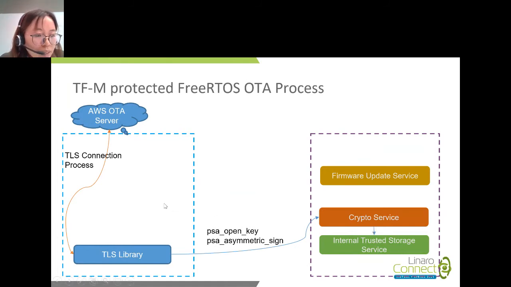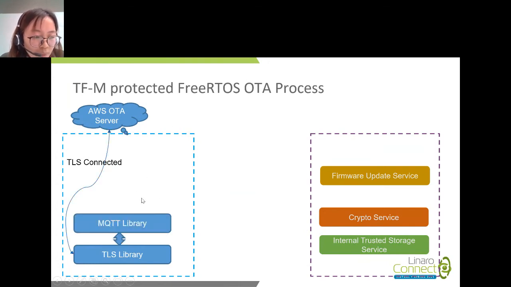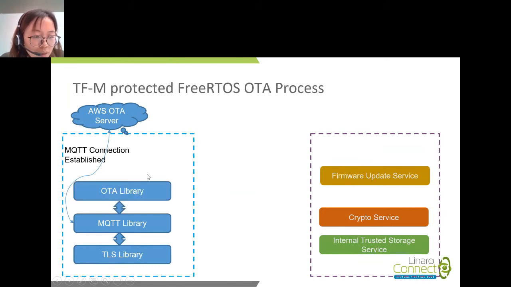Finally the TLS connection is done, and then the application calls the MQTT library to establish the MQTT connection based on the TLS connection. After the MQTT connection is established, the application calls the OTA library to request the OTA job based on the MQTT connection.